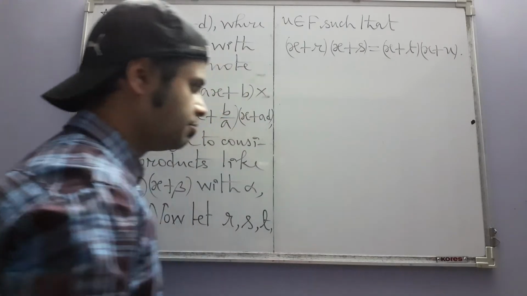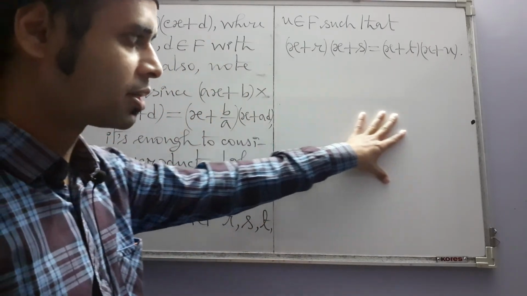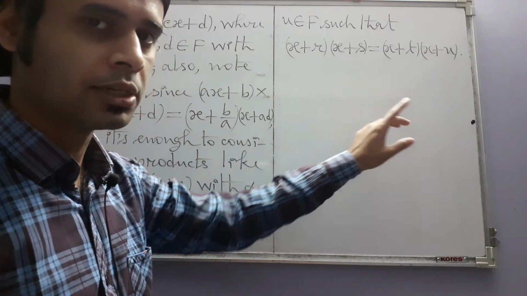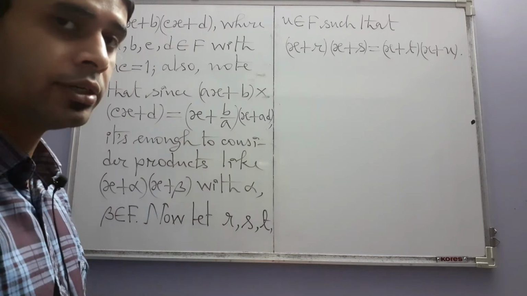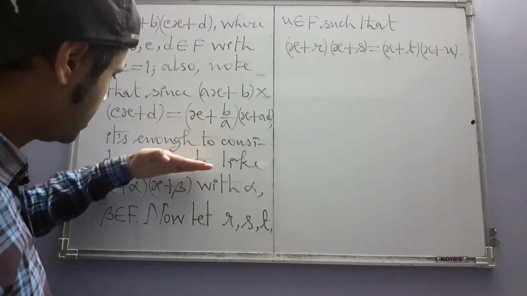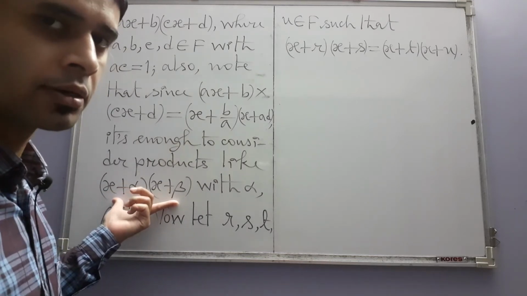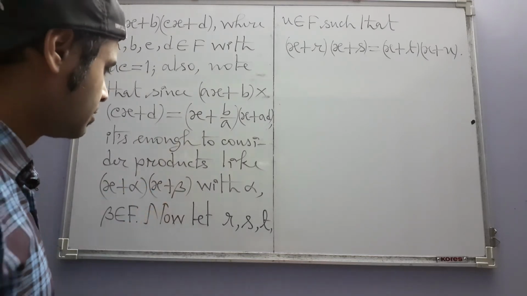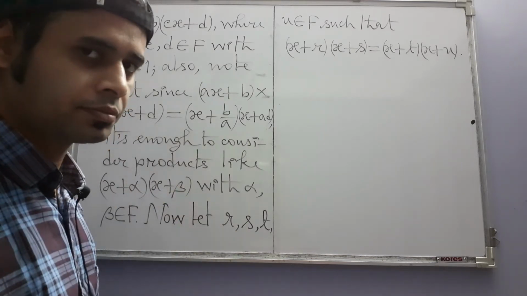What is our aim? Because we have already seen that the total number of such quadratic monic polynomials is p square. Now we are trying to count the number of reducible ones. The reducible ones look like this, but we have seen that actually it's enough to consider just this type of product. However, how are we going to calculate their number?